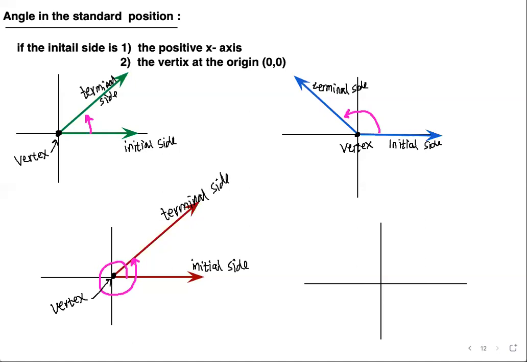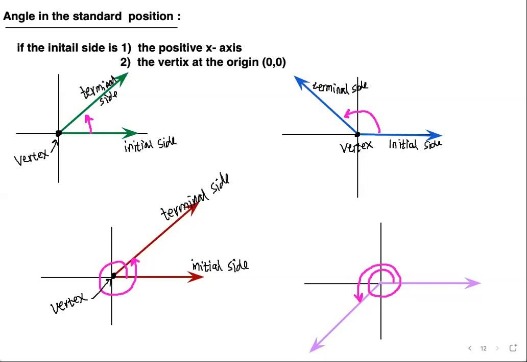For the last one, here is my initial side, always the positive x-axis, and the terminal side can be anything like this. Suppose it's this. So the angle is like this. Starting from this point, go around, stop up here, then go around, stop up to here.